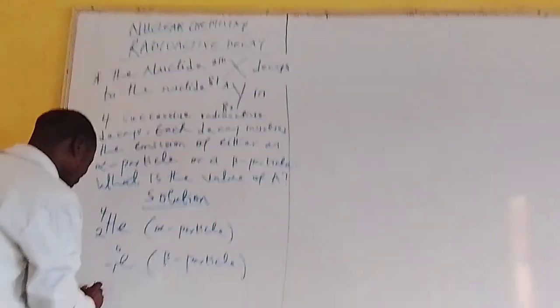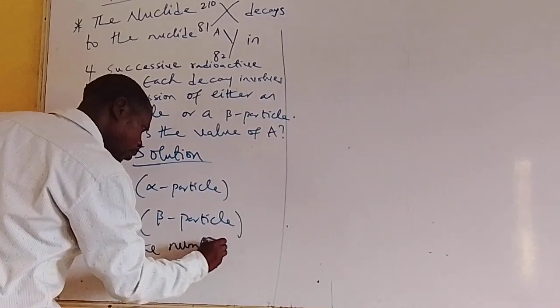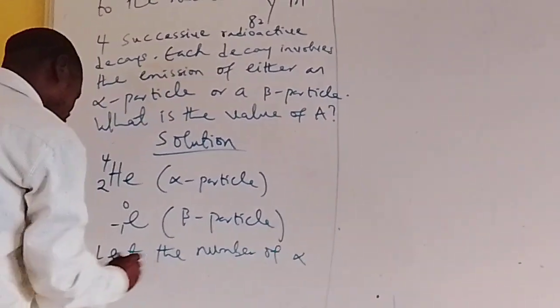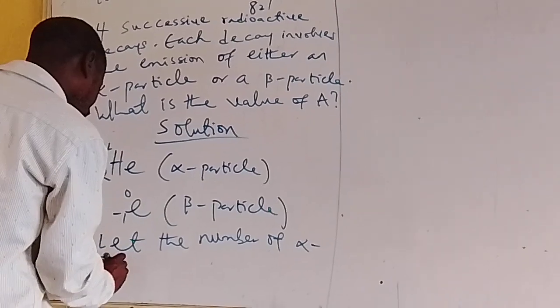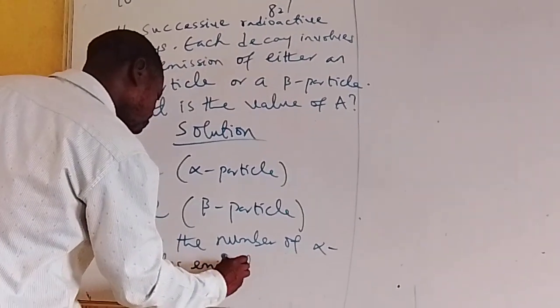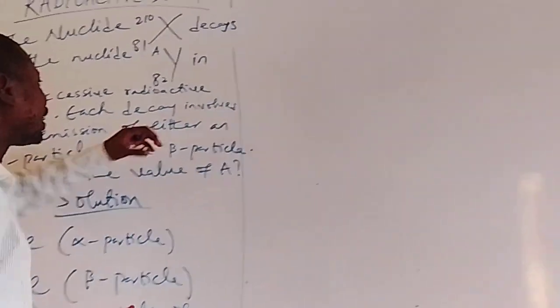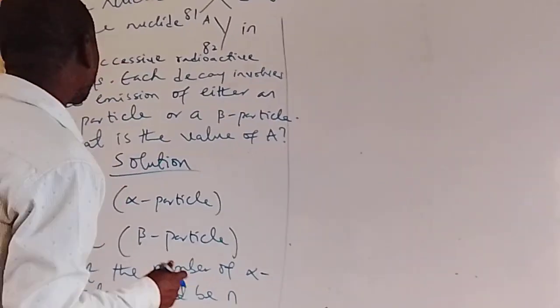We now say let the number of alpha particles emitted be n. That is the first thing, because we are told that there are 4 successive radioactive decays.